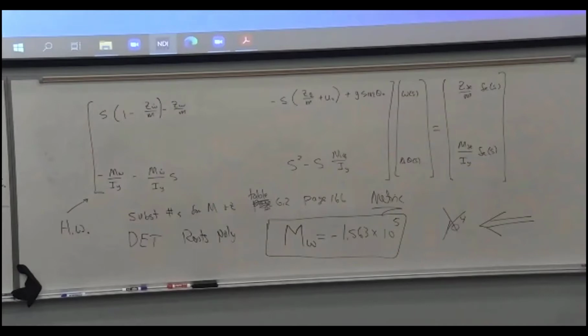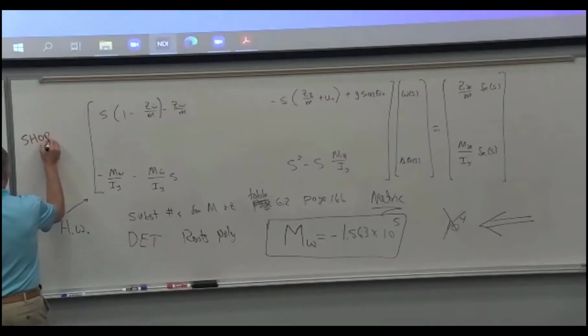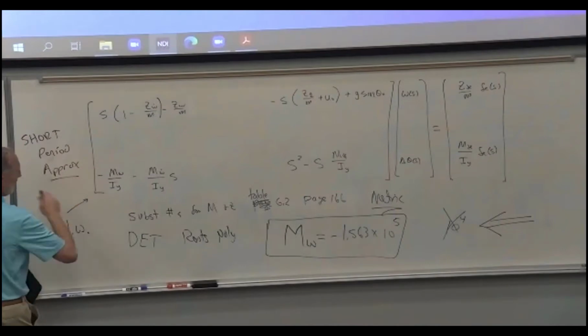So I did the hard work on here. You're just plugging in numbers and calculating the determinant and the roots. And so this is the short period approximation. And the nice thing about this is you can just hand calculate it. You don't have to use a computer to calculate the eigenvalues of that big matrix.